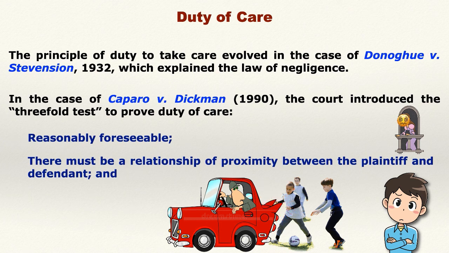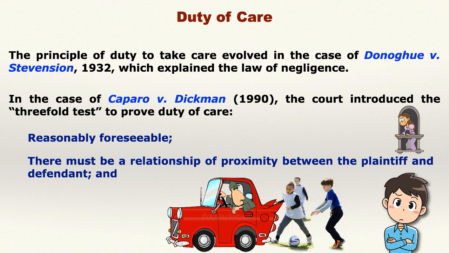So in that condition, if anything happened to that boy who was playing in that parking lot, this gentleman who was taking back his car is responsible. As you can see, there must be a relationship of proximity between the plaintiff and defendant. So there is a relationship of proximity here between that boy and that driver.